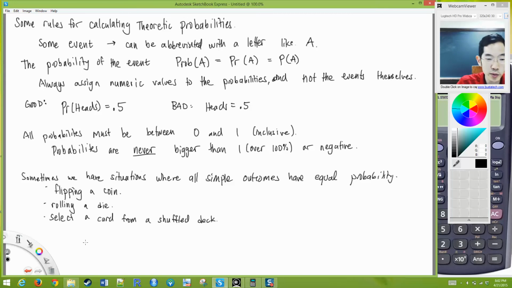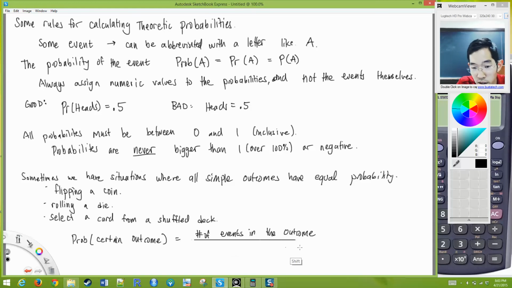And so we can talk about the probability of a certain outcome is equal to the number of events in the outcome divided by the total number of events possible.